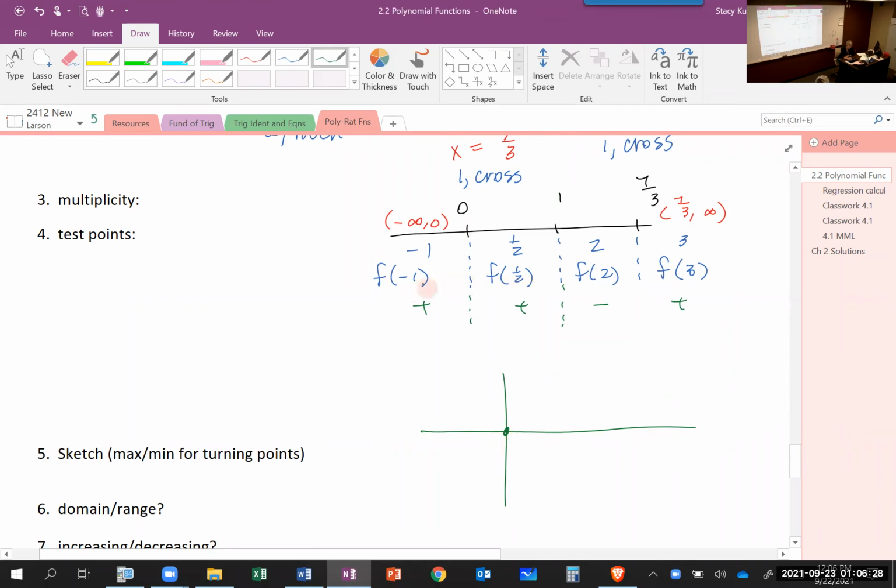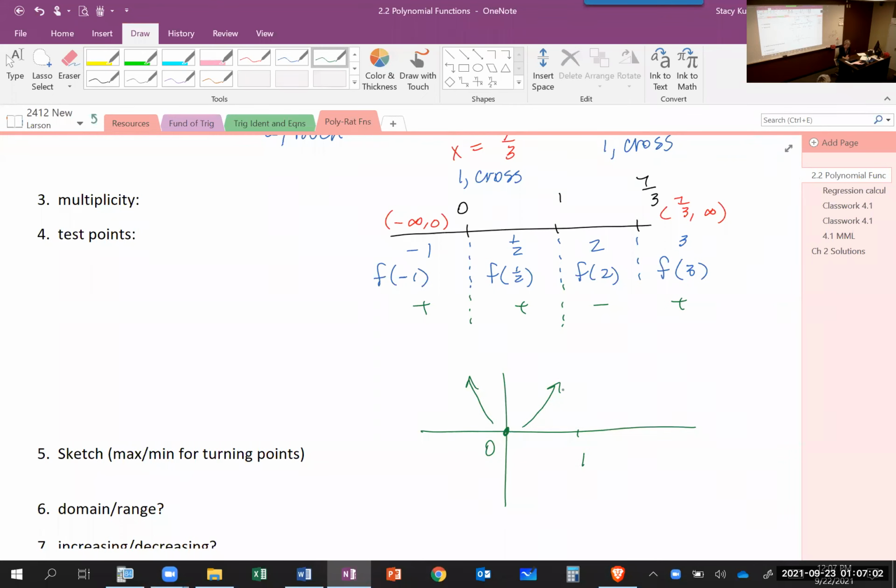What we found when we tested to the left of that root is that the function itself is going to have positive values, so it's going to be somewhere above the x-axis. That's at 0. We know that from 0 to 1, we are also going to be above the x-axis, right? Okay, because we have positive values in that test area.